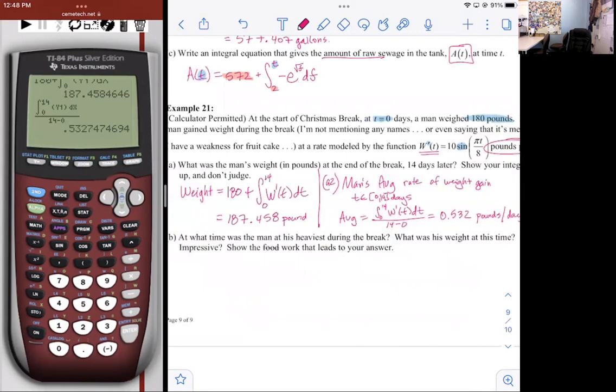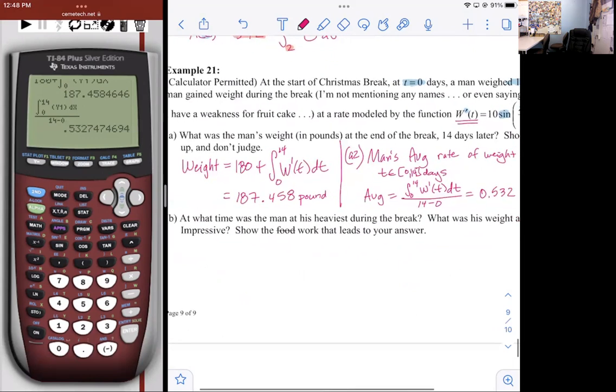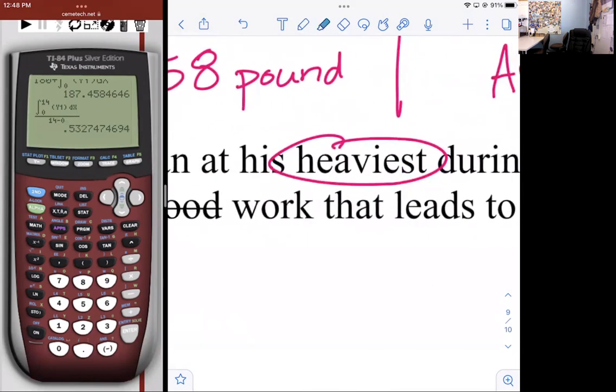All right, part B. This is a really good one as well. I like this. All those questions that we did back in 3.2 and 3.3, where we're finding local max, local mins, and the EVT absolute max mins, we could do those now with integral equations like we did yesterday. At what time was the man his heaviest during the 14-day break? Heaviest. That's a superlative, right?